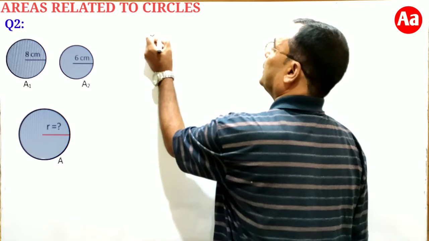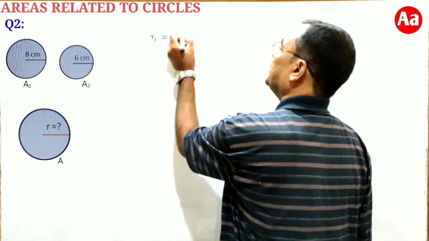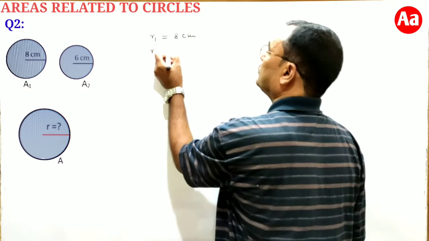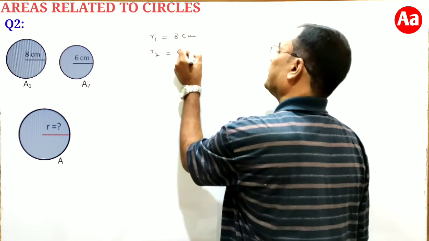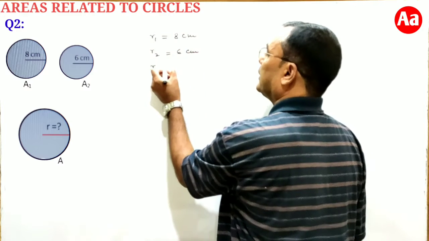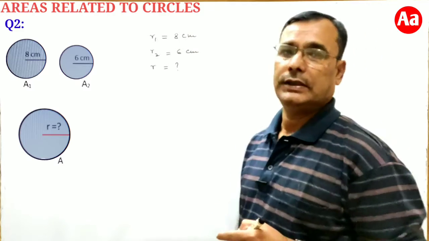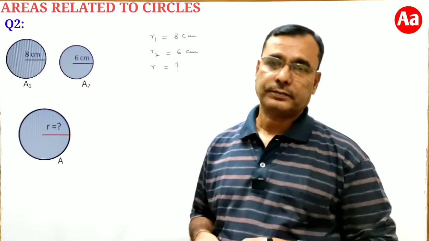So R1 is 8 centimeter, R2 is 6 centimeter, and R is the radius of the new circle that we have to determine in this question.